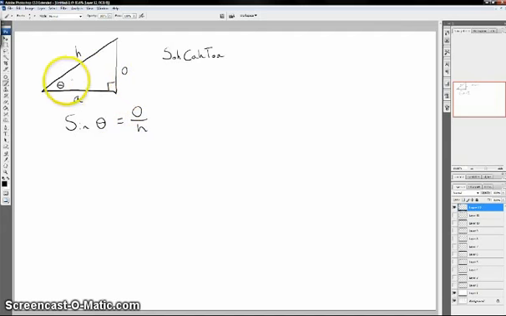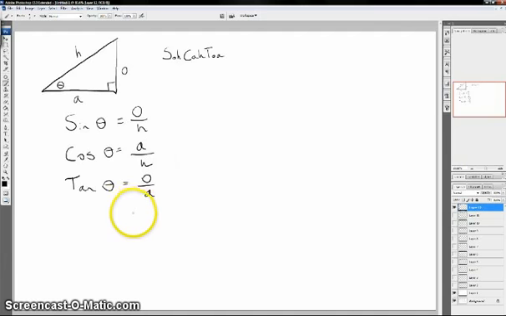The opposite is the side opposite the angle you're looking at, and the hypotenuse is always opposite the right angle. Cosine of theta then is the adjacent over the hypotenuse, and tangent of theta is the opposite over the adjacent.